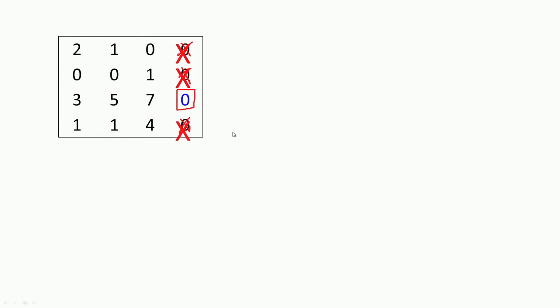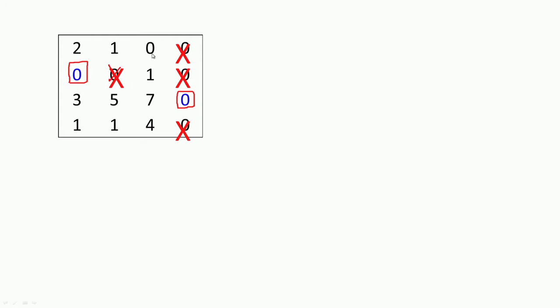Now, we look at the 4th row, there is no assignable 0. Now, we look at the first column. We had already made our first assignment here. The first column has only 1 assignable 0, so we make an assignment here, and then this 0 will go. Now, the second column does not have an assignable 0.